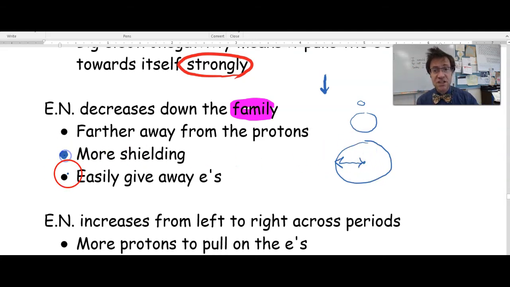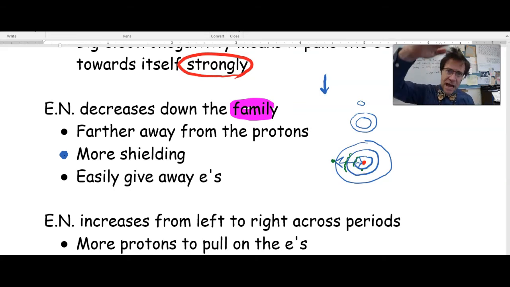Also, there's more shielding. The lower you go, I didn't draw them the first time, the more layers there are. So these protons have to work really hard to get to those electrons, and vice versa, because there's not just this one electron out here, there's this whole cloud of electrons and this whole cloud. The whole shielding effect. You guys get what I'm saying?